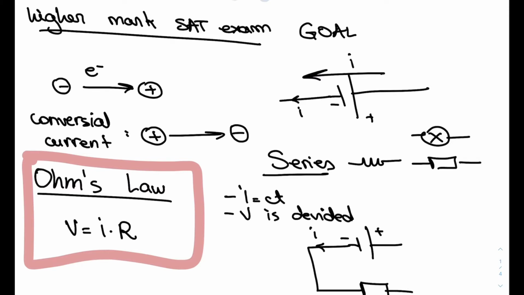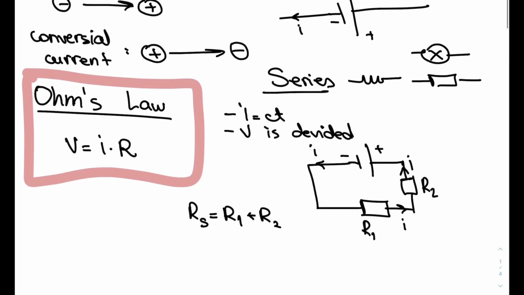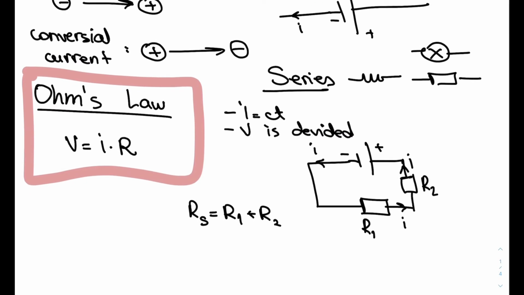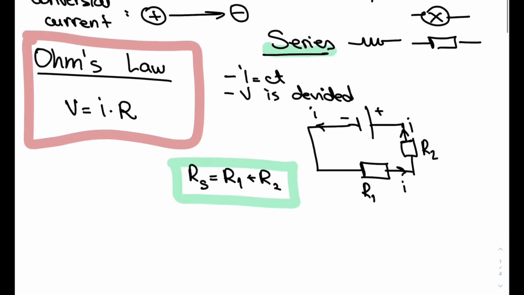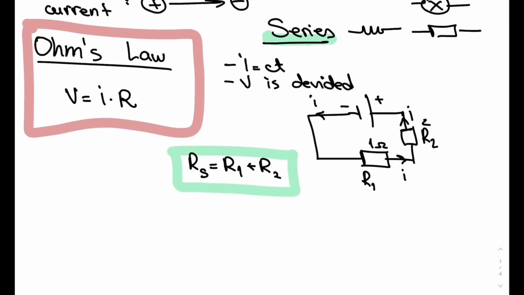Here we have resistor number 1, and here we have another resistor number 2. In this case, here is also I, here is also I, so the current is constant, then the total resistance will equal the sum of both of them, okay? So do not forget that in the series case, you just add them, okay? Let's take an example. Here is 1 ohm, here is 2 ohms. The total resistance will equal 3 ohms, okay?